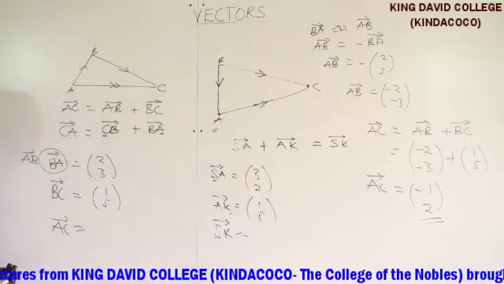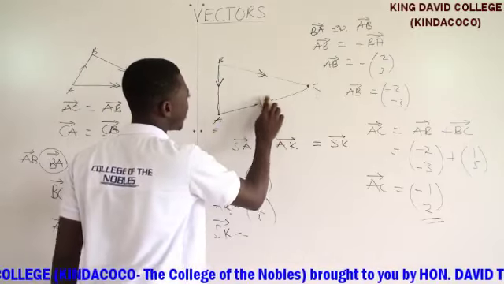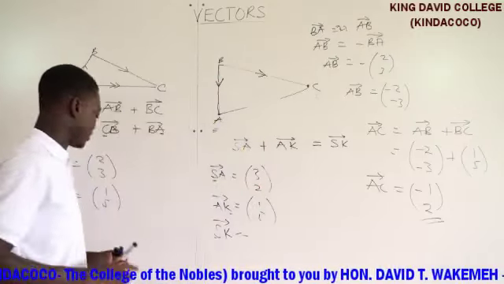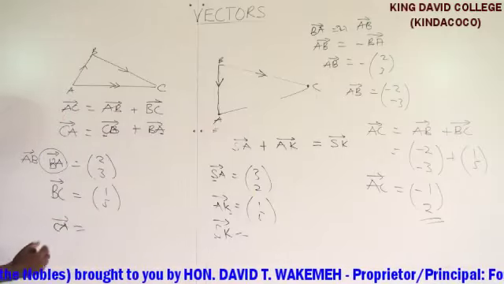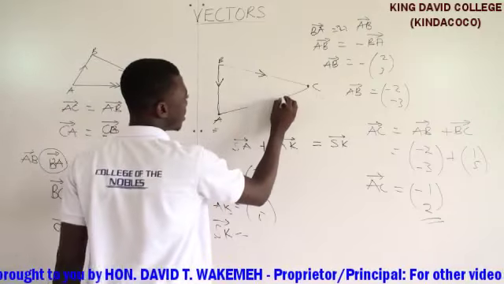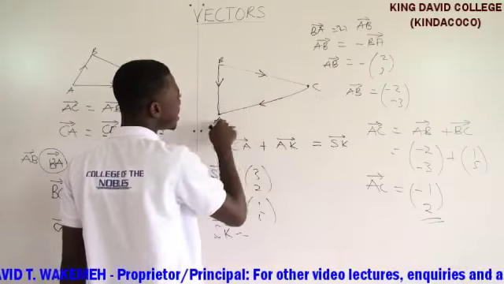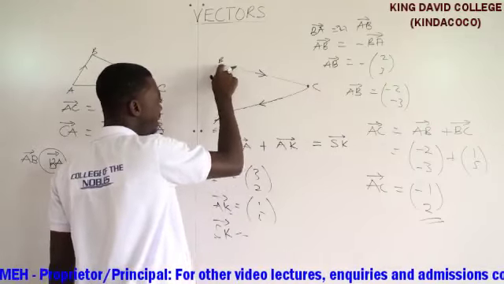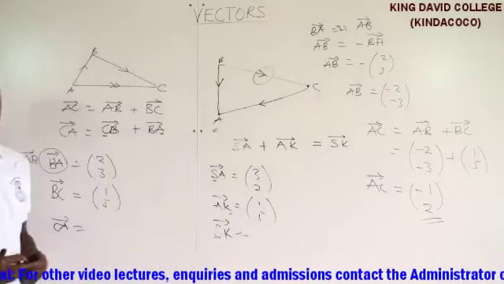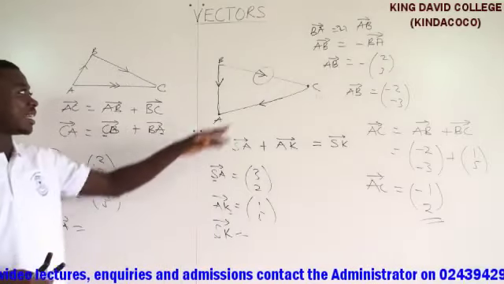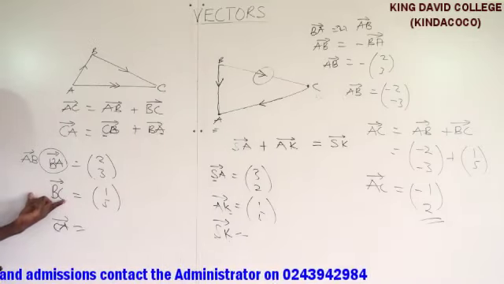Because if I had been given to find C to A, as this question says, then in my drawing, C to A would have been C to B, B to A. So this one is the one that is giving us challenges. So BC is rather what we are going to turn.